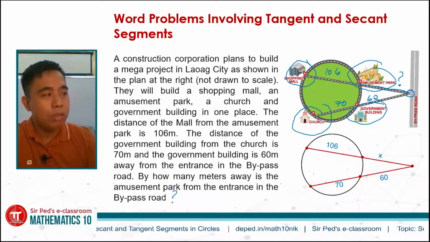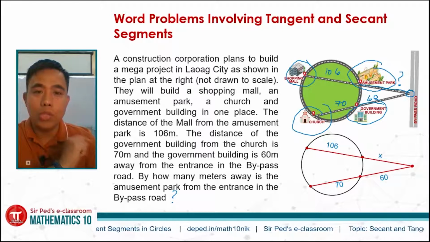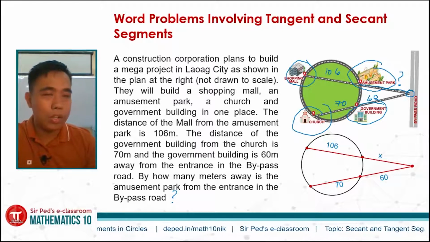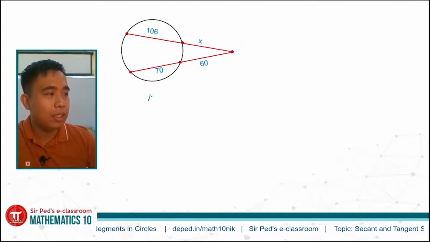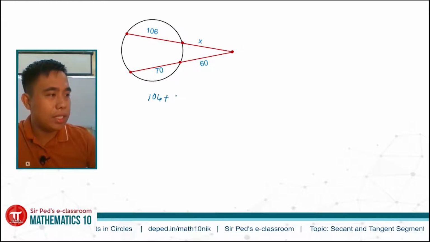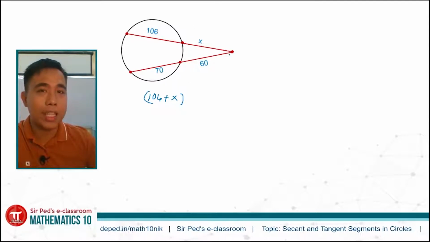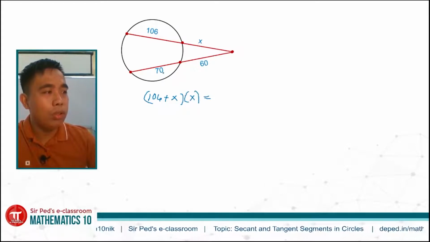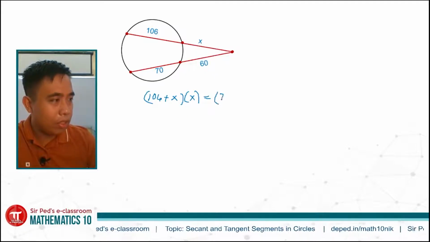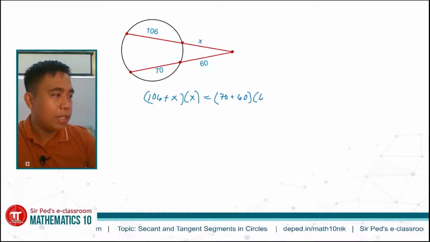So, we can apply now yung 2 secants power theorem. So, the length of the segment, 106 plus x, times the length of the external secant segment, it is x, that is equal to 70 plus 60 times 60.